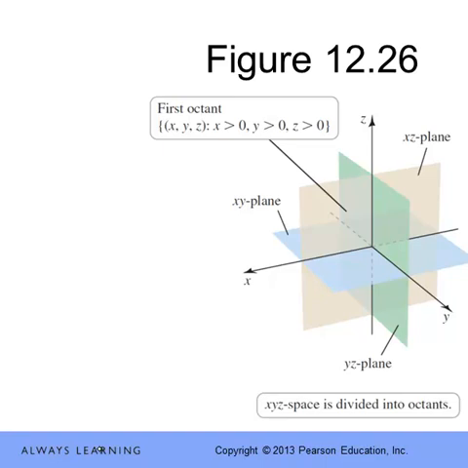So octant 1, of course, is reserved for where x, y, z coordinates are positive right here. And then it kind of goes around this way, counterclockwise above the z-axis. And then you get below the z-axis where you go counterclockwise again to get the 5th, 6th, 7th, and 8th octants.